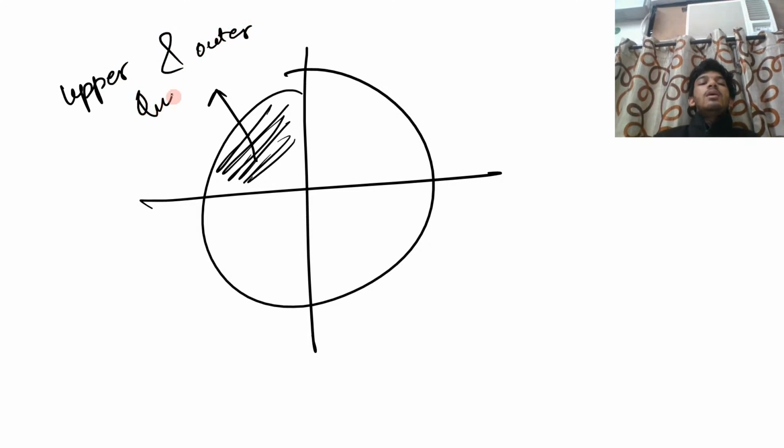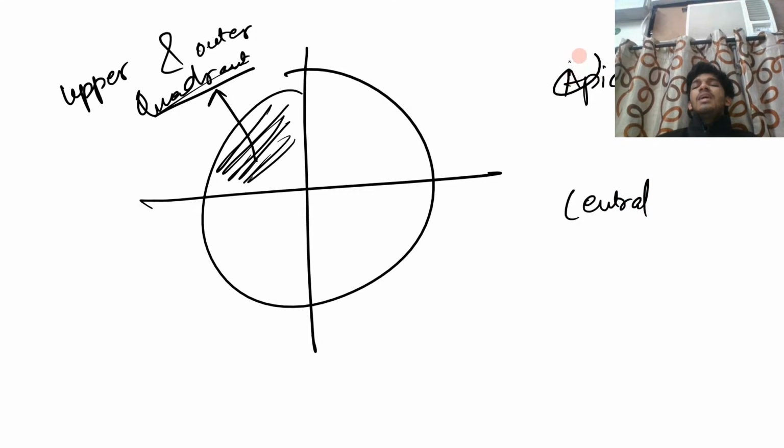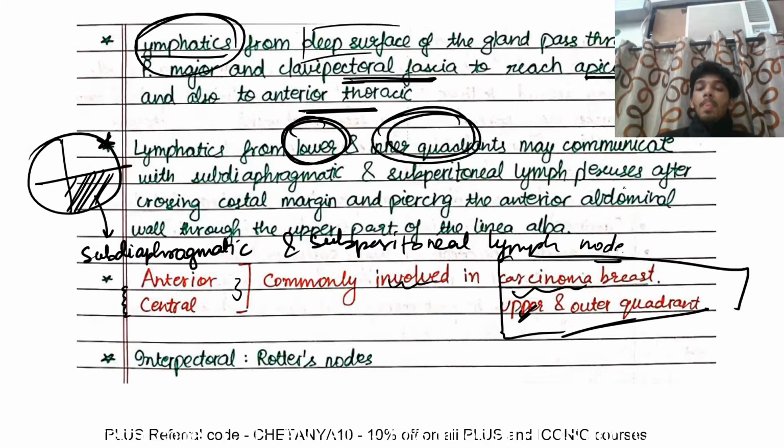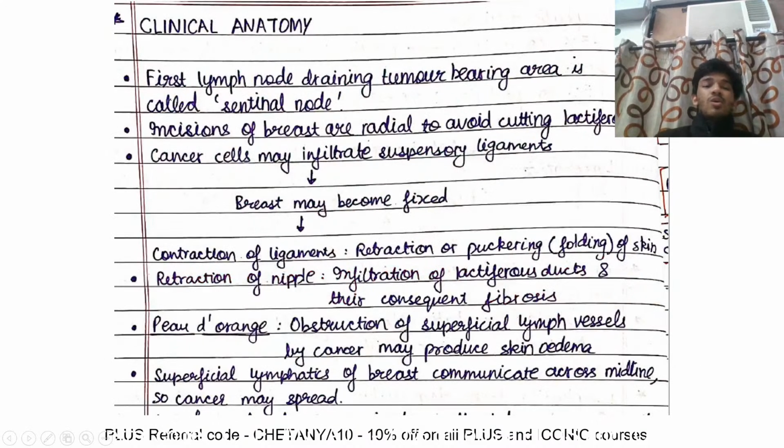Most commonly involved lymph nodes are the anterior and central groups. Then there are some interpectoral lymph nodes known as Rotter's nodes, not very important.